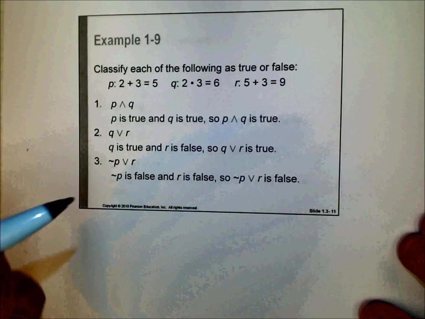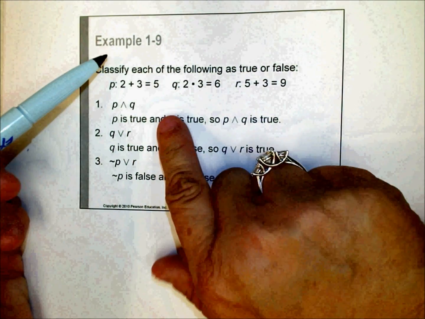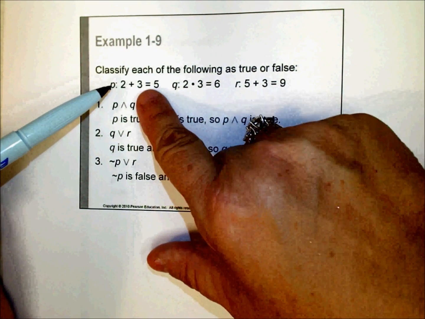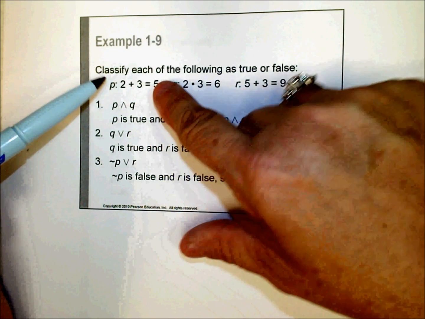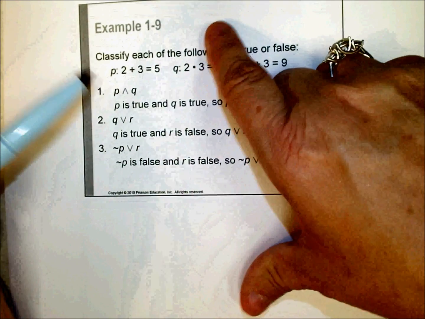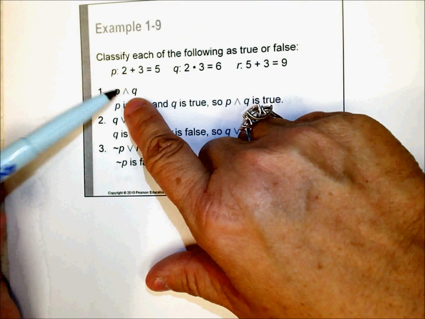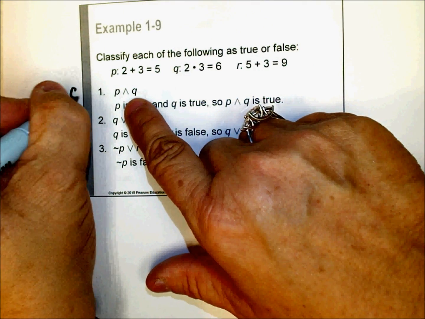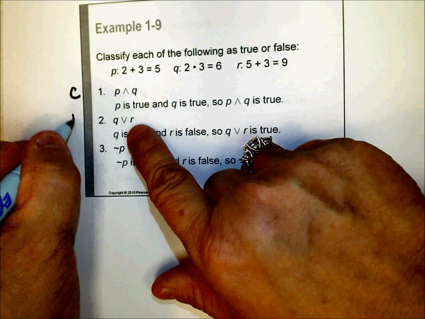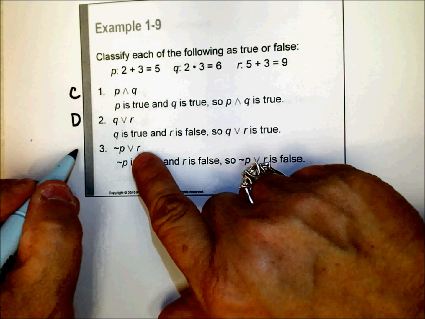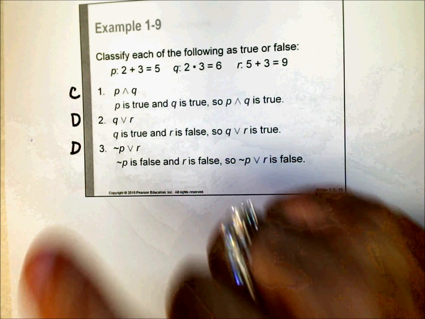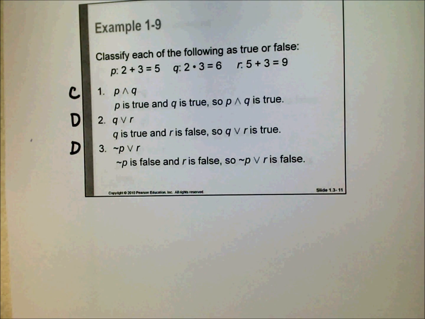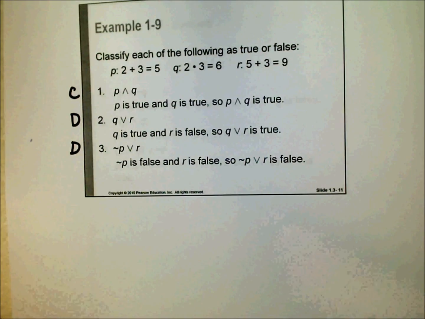Alright, it says, classify each of the following as true or false. If P is true, it says 2 plus 3 equals 5. Now, remember, this is a conjunction. This one is a disjunction. And this one is a disjunction. Now, we have to remember the pieces that are true about each one. So, let's go back here.